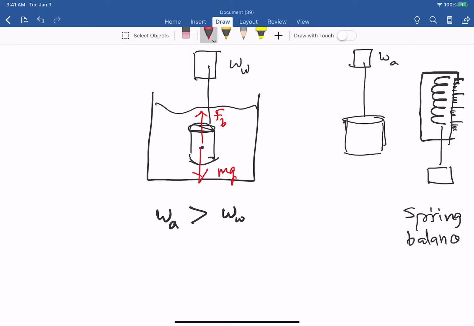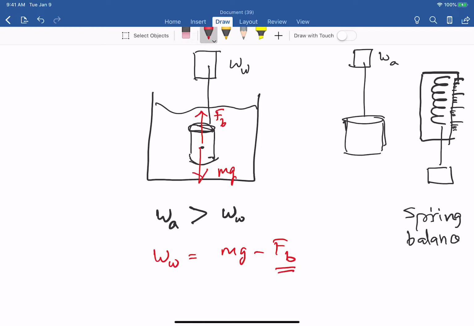Why is there a buoyant force? Okay, I'll talk about that in a moment, but you can see that if there is an upward force in addition to its weight, then its effective weight would be lower. The spring balance would measure mg minus Fb. So weight in water would be mg minus the buoyant force, and that's why it would be less than the weight in air, right?